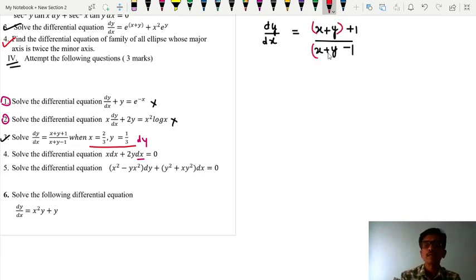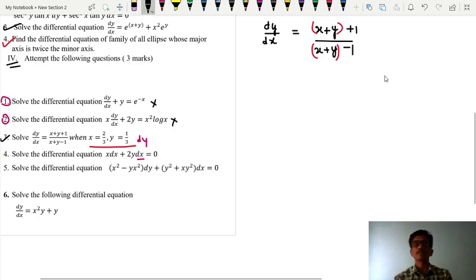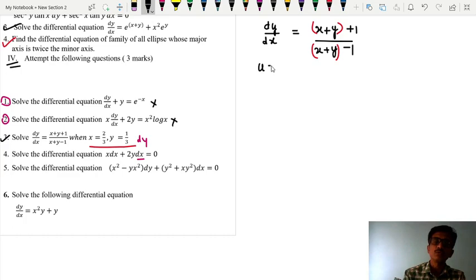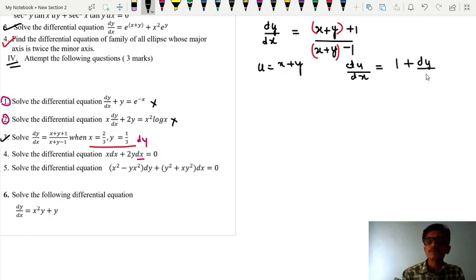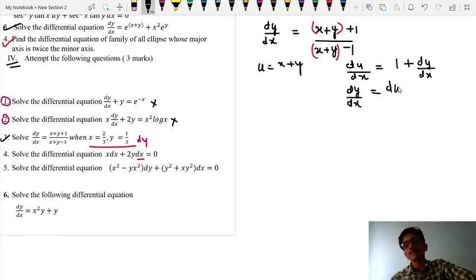लिसन हियर, x प्लस वाई को आपको सब्स्टिट्यूट करना होगा. So we will substitute here x plus y is equal to u, let u is equal to x plus y हमने सब्स्टिट्यूट किया. Then differentiate it, du by dx is equal to 1 plus dy by dx. What will be dy by dx then? dy by dx is equal to du by dx minus 1.